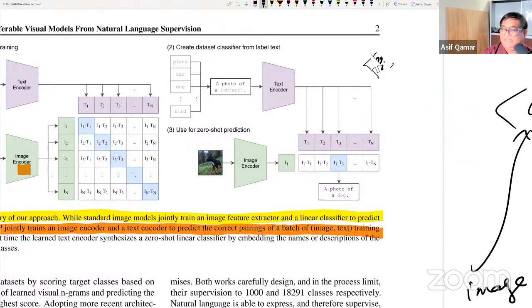A candidate plane, candidate car, candidate dog vector, and candidate bird vector. I could find the inner product, similarity measure, and what would happen? Whichever vector it is closest to, would that be the answer? Isn't it? Right? And therefore, if I were to train this model, it would act as an amazing classifier also.